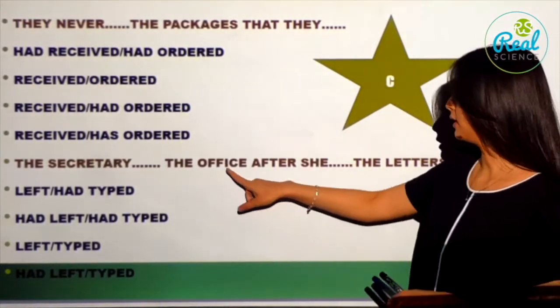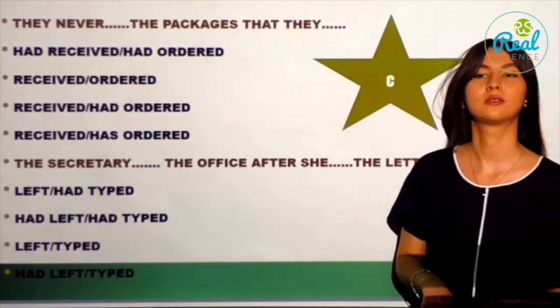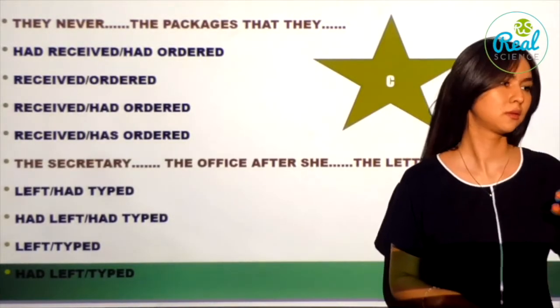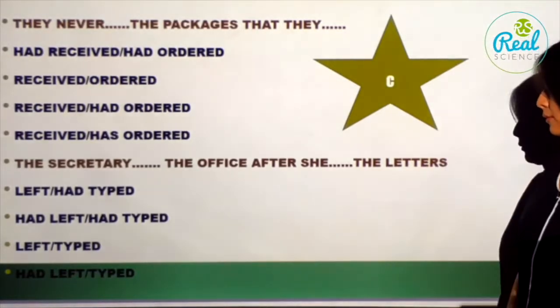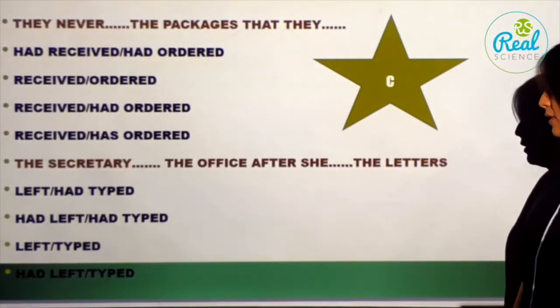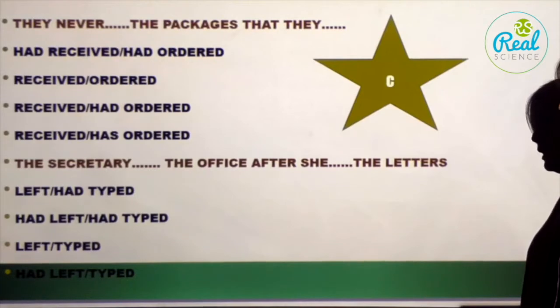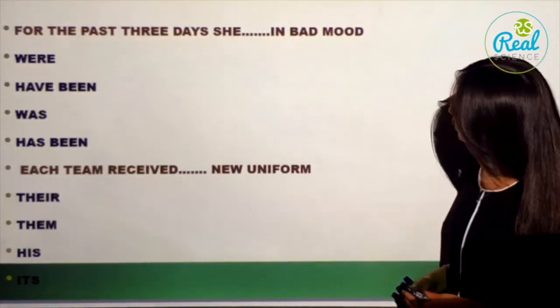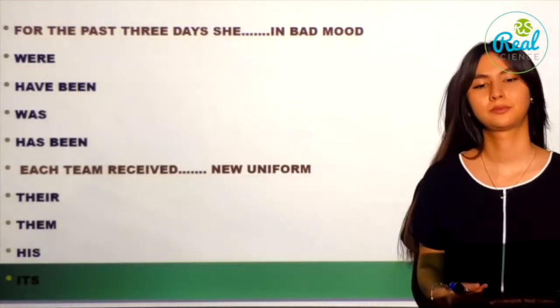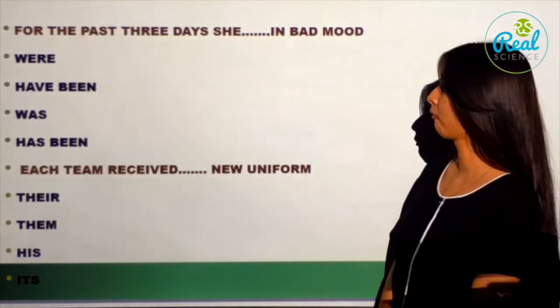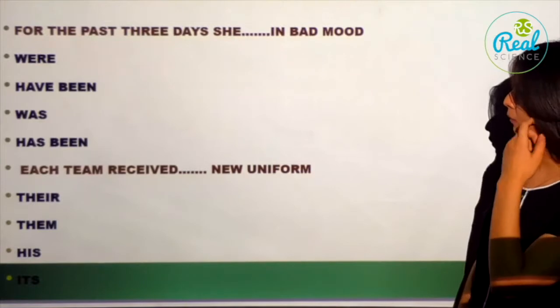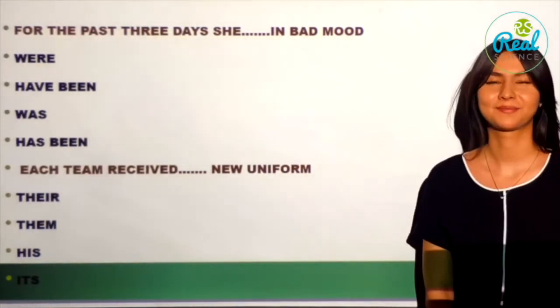Okay, next one. The secretary left the office after she typed the letters. Had she left? For the past 3 days, she has been in a bad mood. She was. She has been.